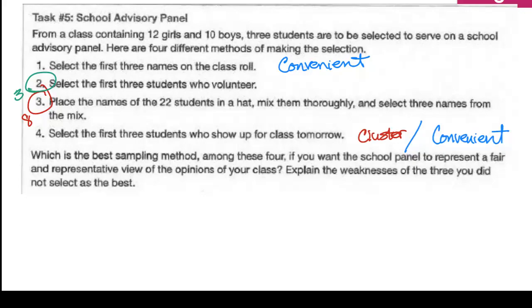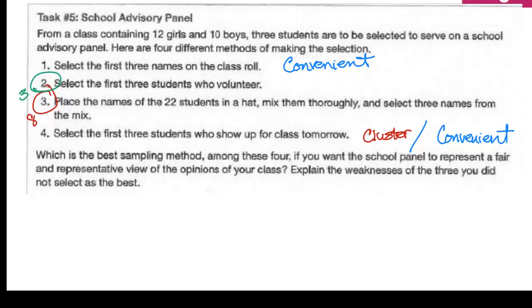Now let's look at the two that we have the most votes for. Select the first 3 students who volunteer. Now that one had less than the other one. If they volunteer, what kind of sampling is that? Volunteer sampling. So that's not great.